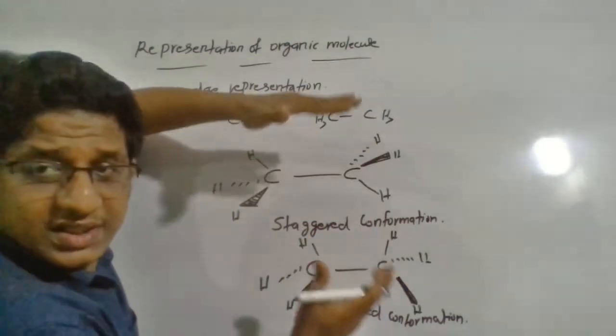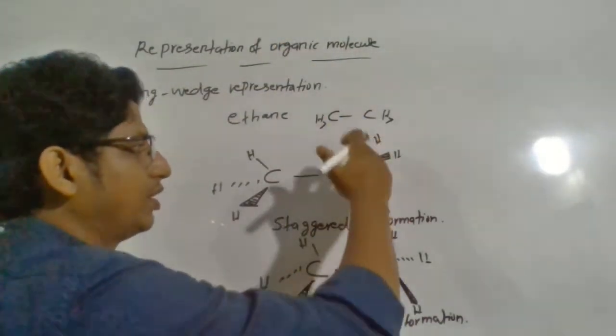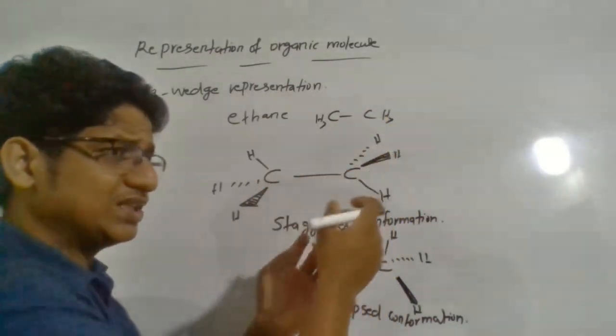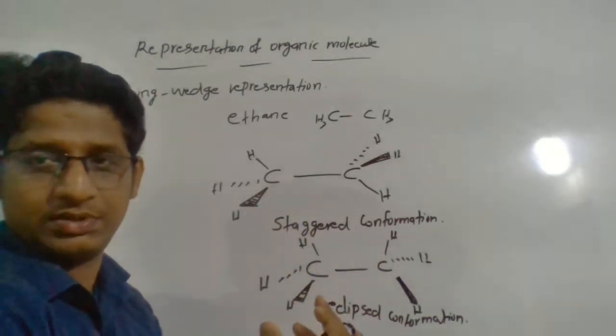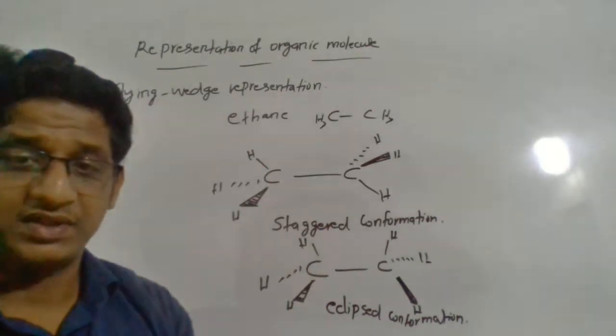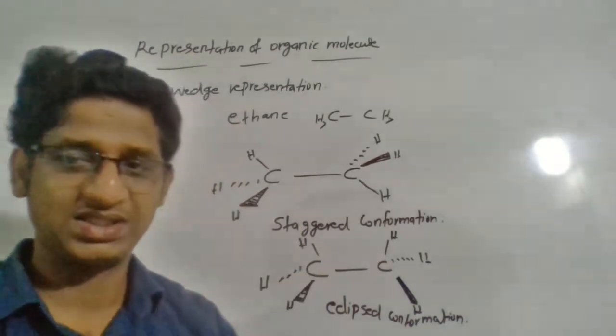Then in between, an infinite number of conformations you can imagine, just rotating here and there, like now it's spatial. But in between these extreme cases, one conformation is the most stable arrangement and the next conformation the least stable.